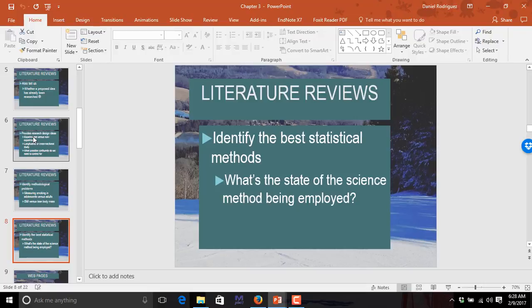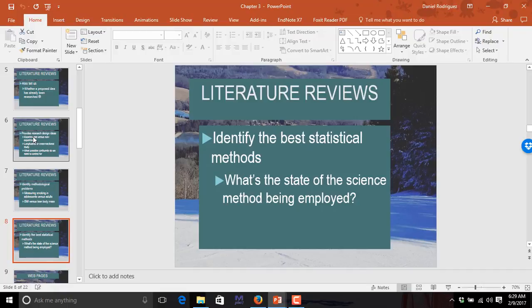And then, of course, for my part, it's identifying the best statistical methods. Sometimes, these days, people want to outdo themselves with the statistical methods they use. In the old days, or among the less statistically educated individuals, people stick with ANOVAs and t-tests, which is not a bad idea. Sometimes simplicity is better, and generally simplicity is better than complexity.